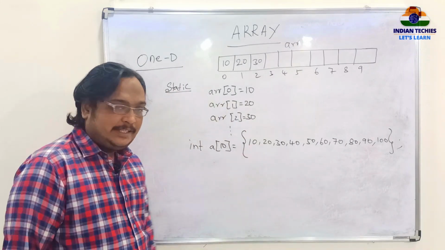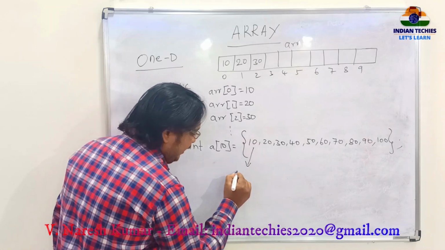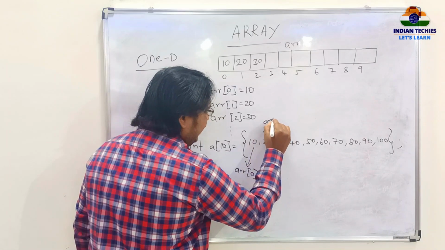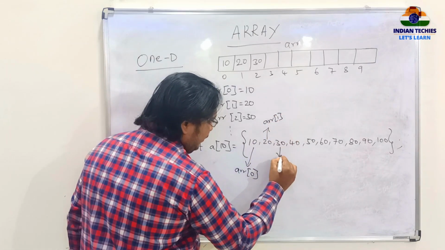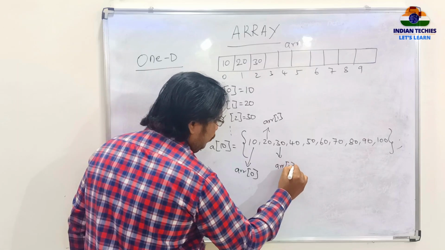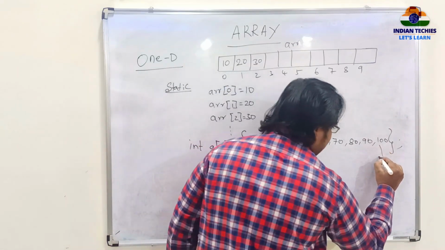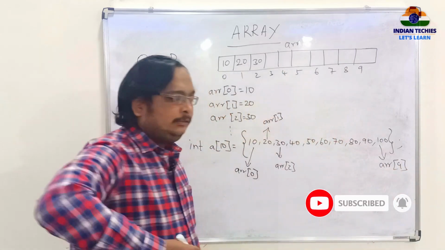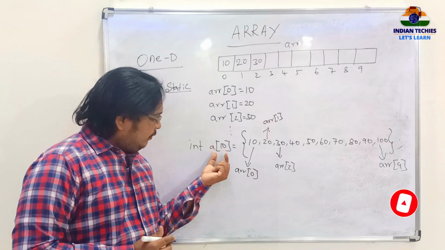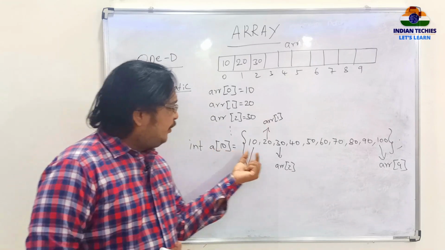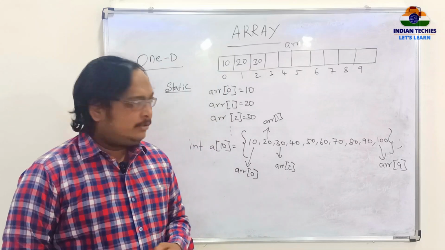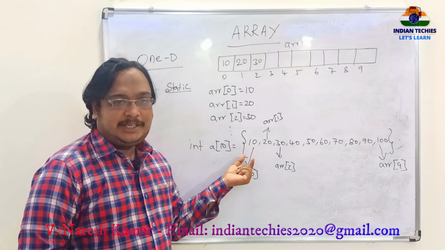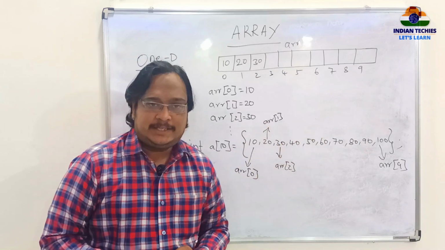The first one will be considered ARR of 0, the second one ARR of 1, the third ARR of 2, and so on, and the last one ARR of 9. Since I have declared the size as 10, I have given 10 values in the braces. Since an array starts from 0, the first one is automatically 0 and the last one is 9.